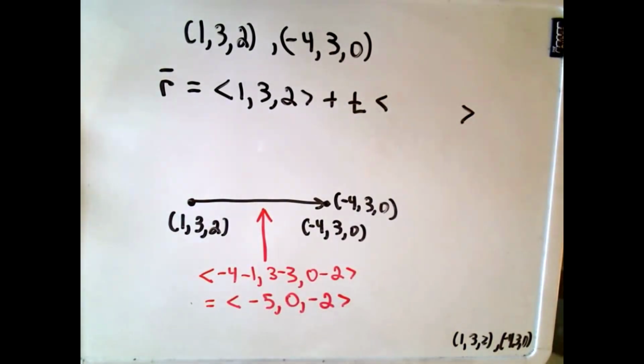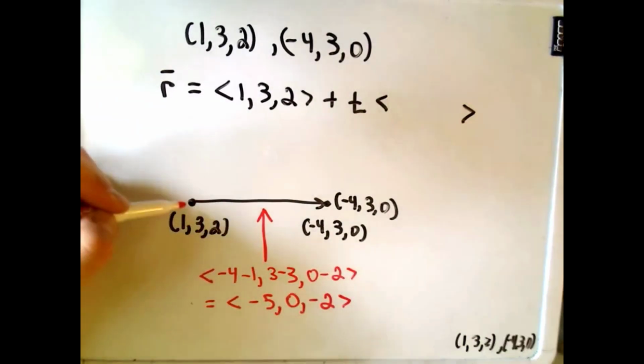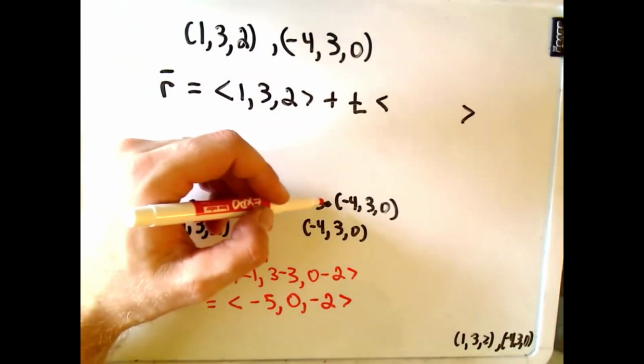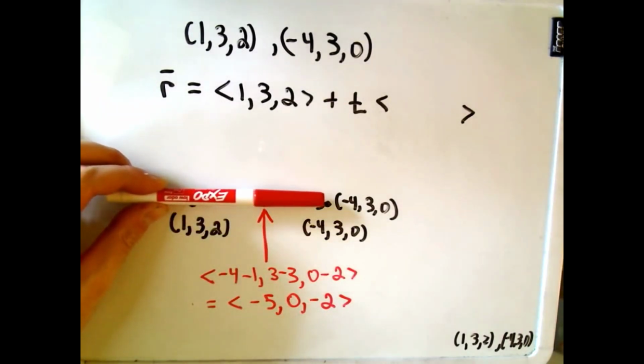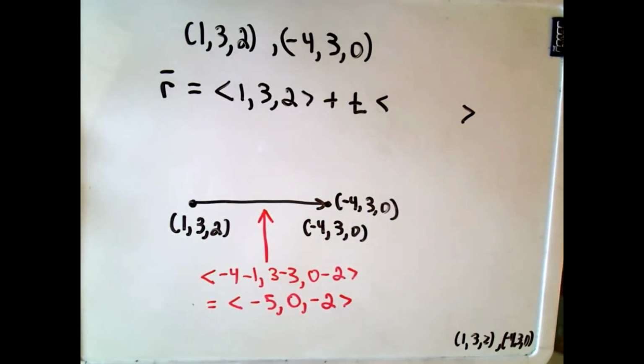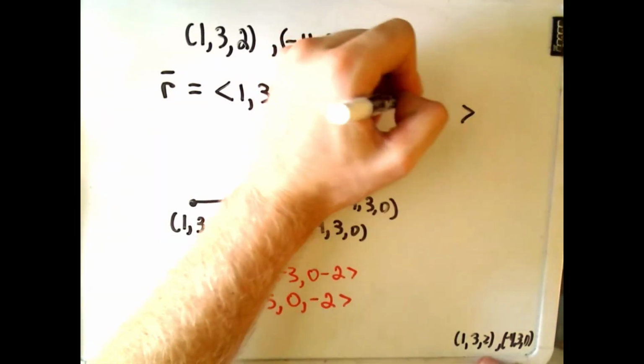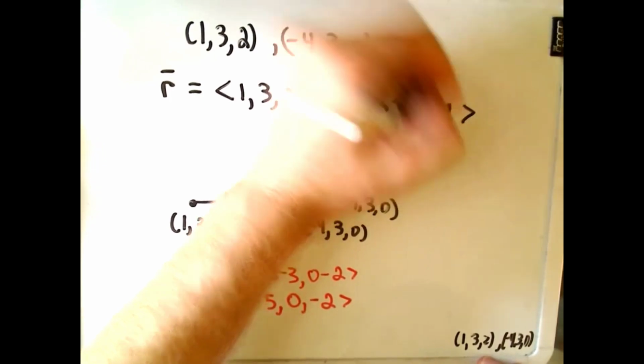That would be the vector that connects the point 1, 3, 2 to negative 4, 3, 0. Well, certainly it's parallel to the line that goes through the 2 points. So now I can just use this negative 5, 0, negative 2 as my parallel vector. So I'll simply drop that in there: negative 5, 0, negative 2.